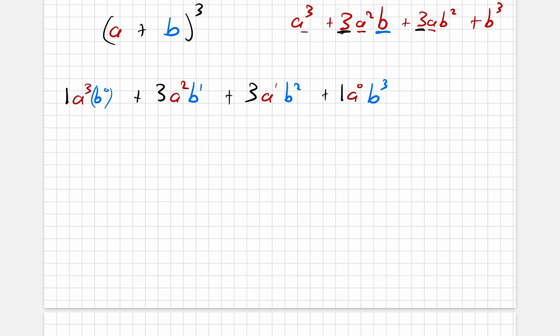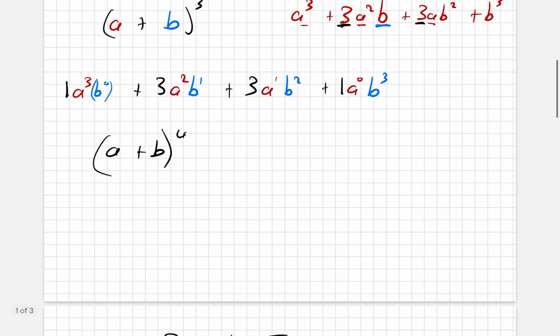If you like, you can stop the video and do a plus b to the power of 4. And you'll notice that you get 1 as your coefficient, then 4, then 6, then 4, and then 1. I may as well finish this. So it's going to be a to the power of 4, a to the power of 3, a to the power of 2, a to the power of 1, or just a, and then a to the power of 0 at the end.